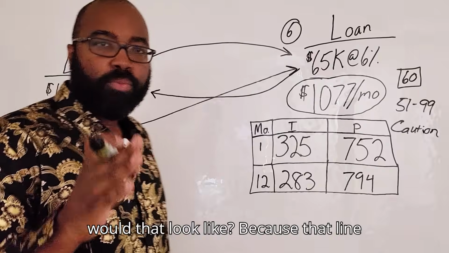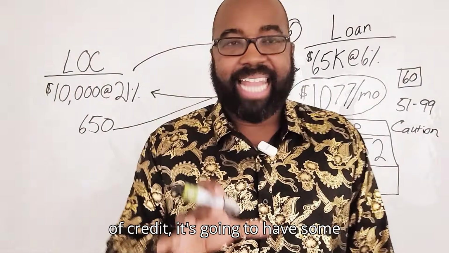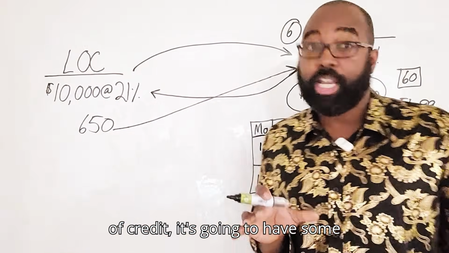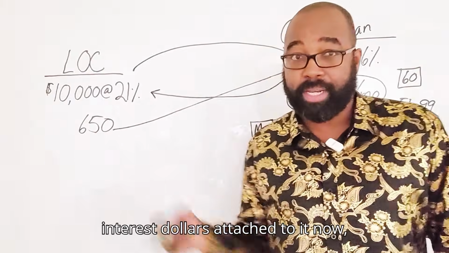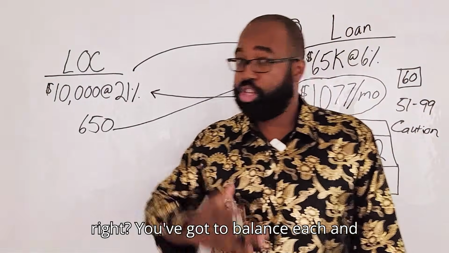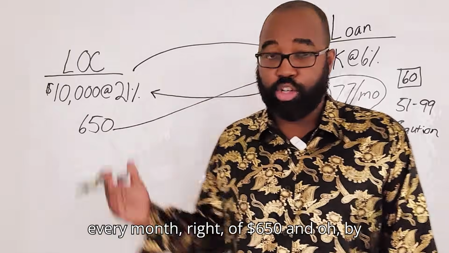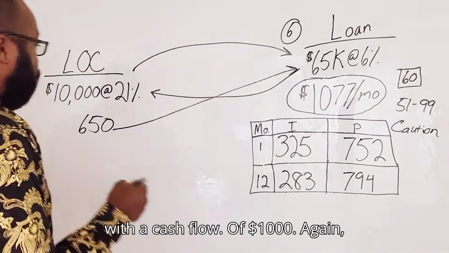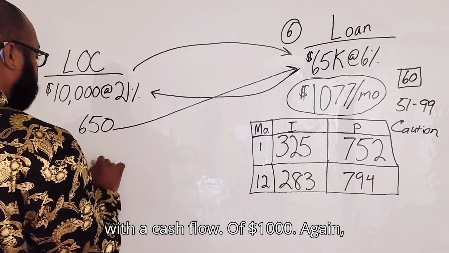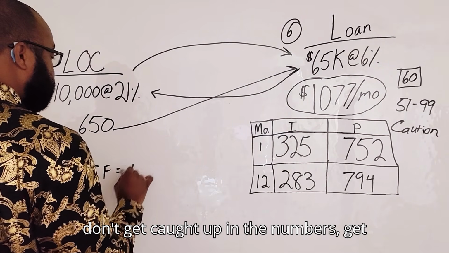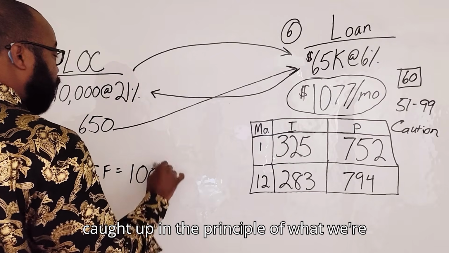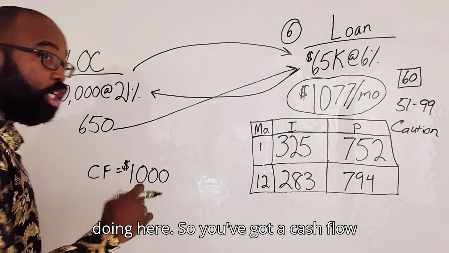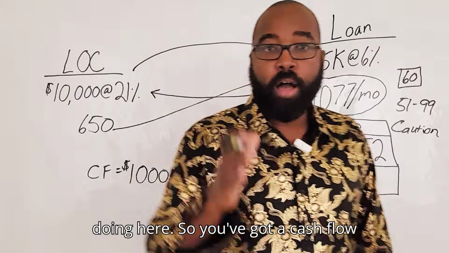Now, what would that look like? Because that line of credit is going to have some interest dollars attached to it now, right? You've got a balance each and every month of $650. And oh, by the way, let's just say you're working with a cash flow of $1,000. Again, don't get caught up in the numbers. Get caught up in the principle of what we're doing here.